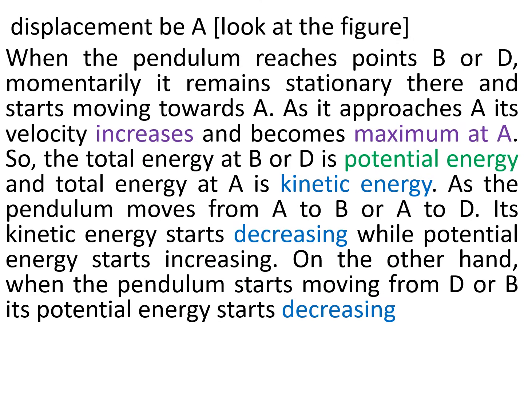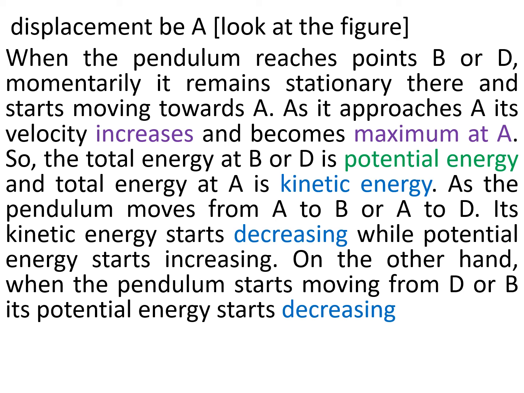When the pendulum reaches point B or D, momentarily it remains stationary there and starts moving towards A. As it approaches A, its velocity increases and becomes maximum at A. So the total energy at B or D is potential energy, and the total energy at A is kinetic energy.